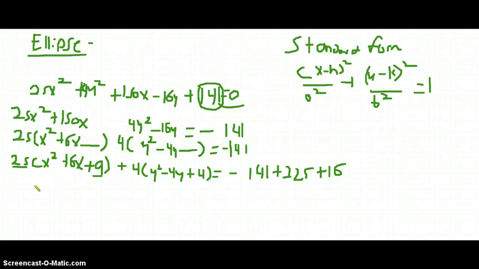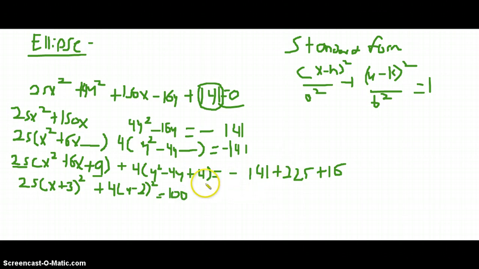But the center shifted form would be 25 parentheses x plus 3 squared, and then plus 4 y minus 2 squared equals 100, because negative 141 plus 225 plus 16 is 100.